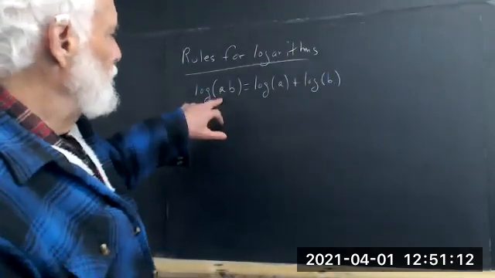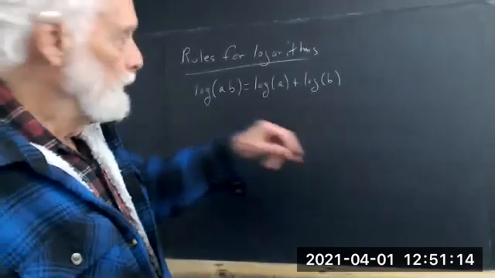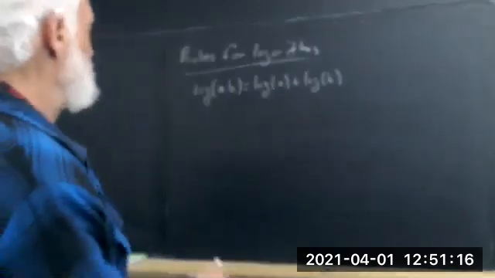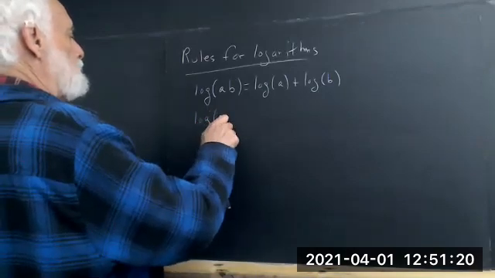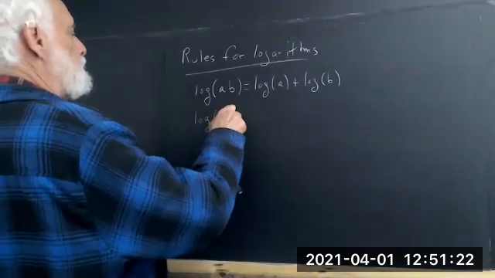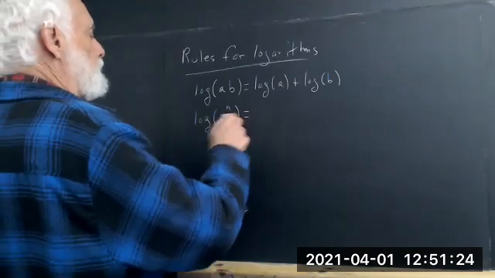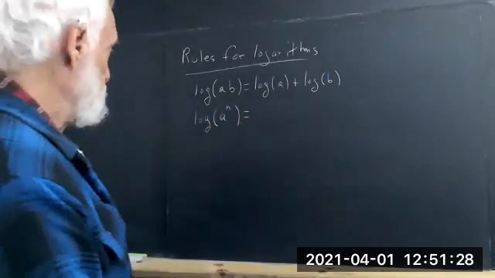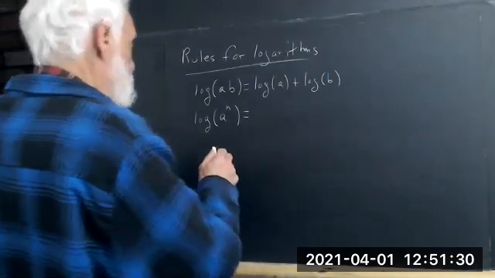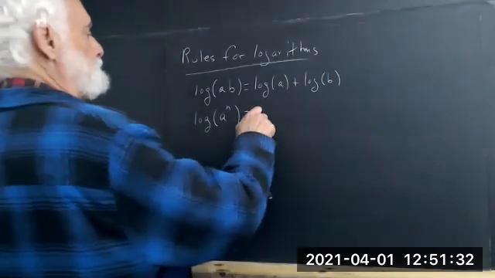Now, the log of A times B is the log of A plus the log of B. And I'm not necessarily using the same letters your book uses. Different books use different letters, and I don't pay much attention to that.